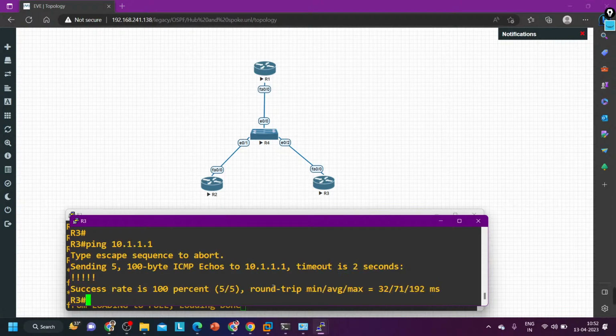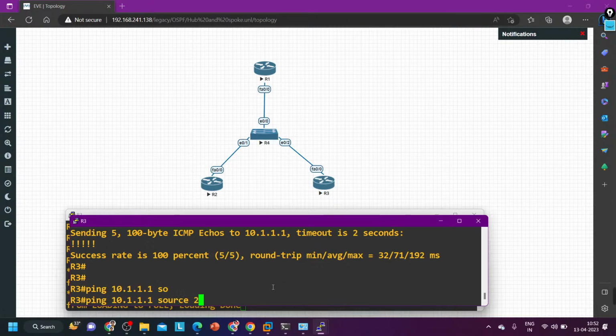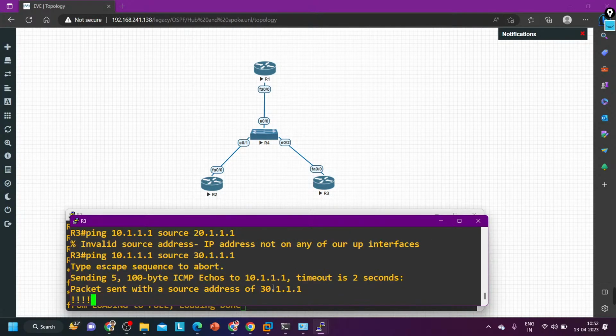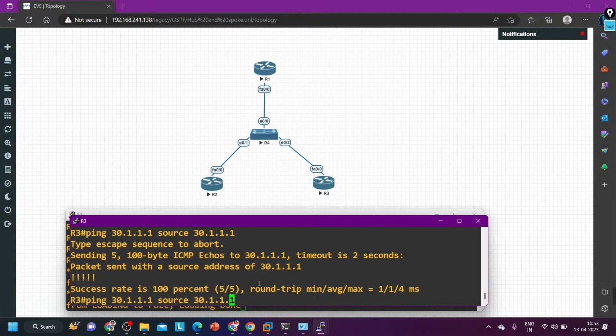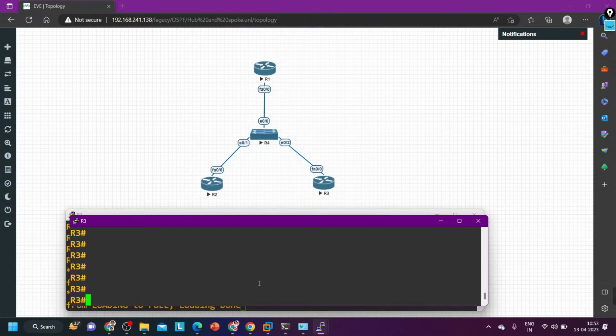Ping 10.1.1.1, I am able to ping my headquarter, yes or no? Source 20.1.1.1, ping 30.1.1.1, yes or no? Yes, I am able to ping. Now I am going to change the network type over here.